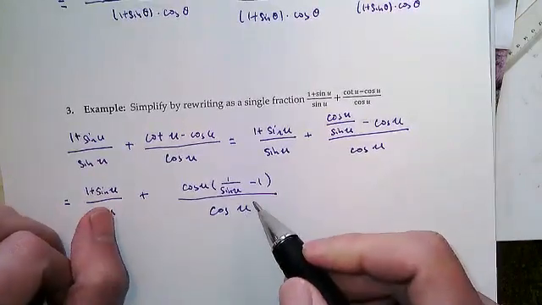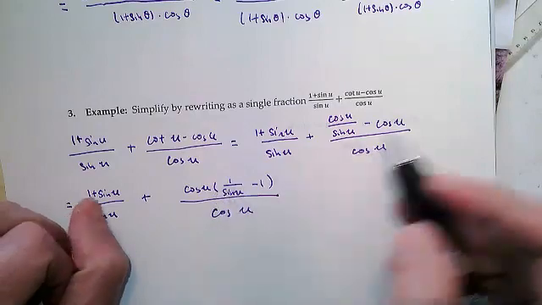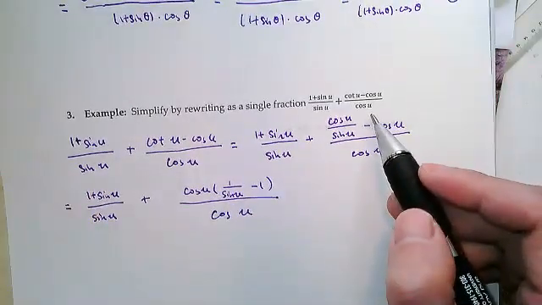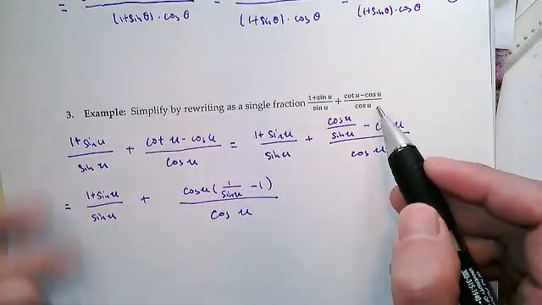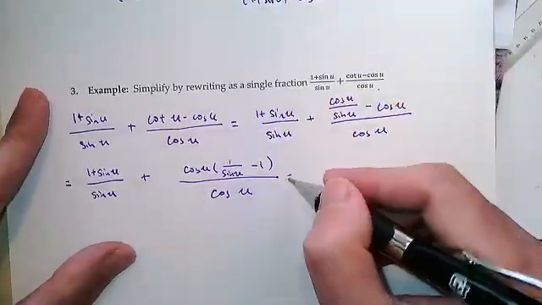You see this? I factor out the cosine in the numerator. Okay, so now we can cancel the cosine here. See what you get.